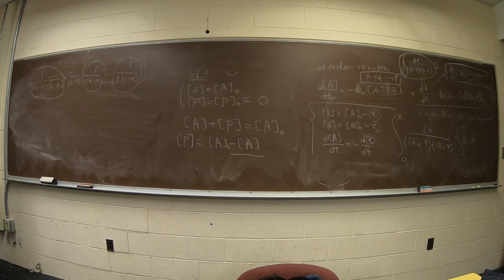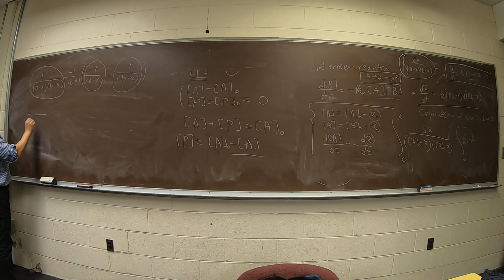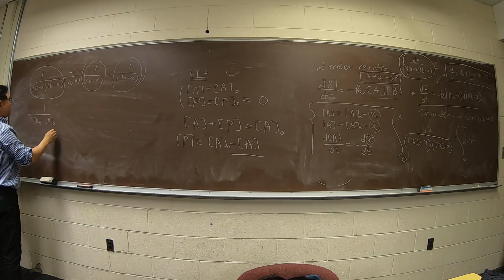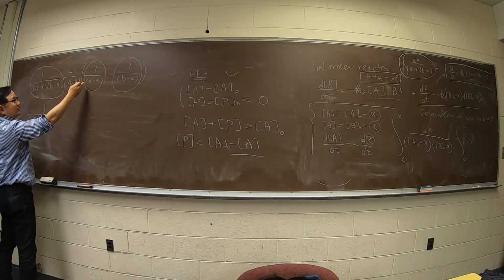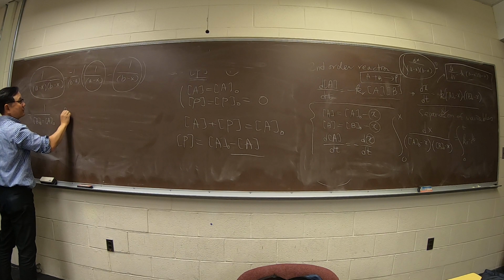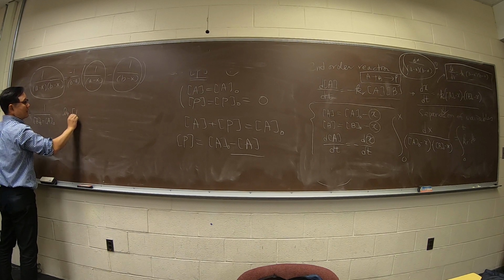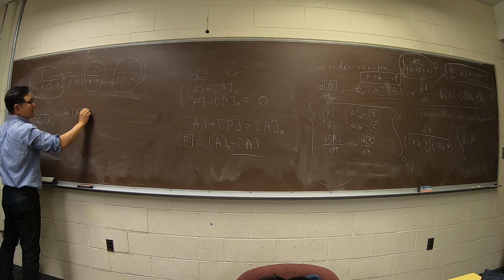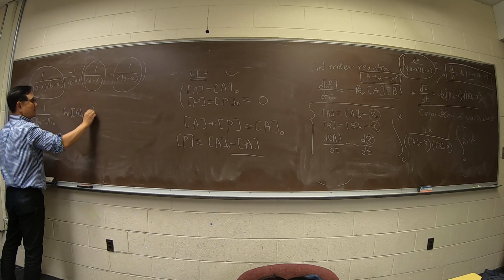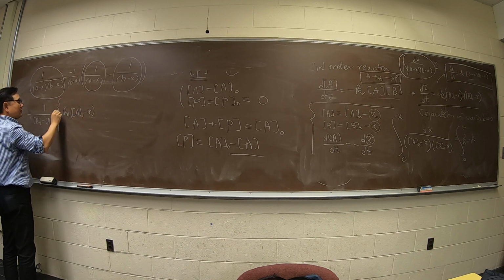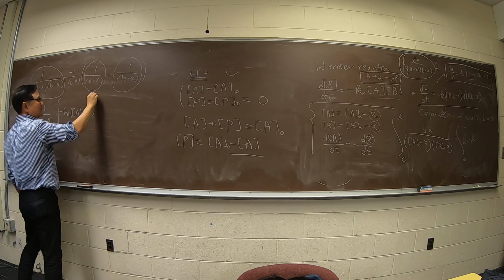So it is minus d concentration A minus concentration, and then it's the integration of natural log of A naught minus x with a negative sign.